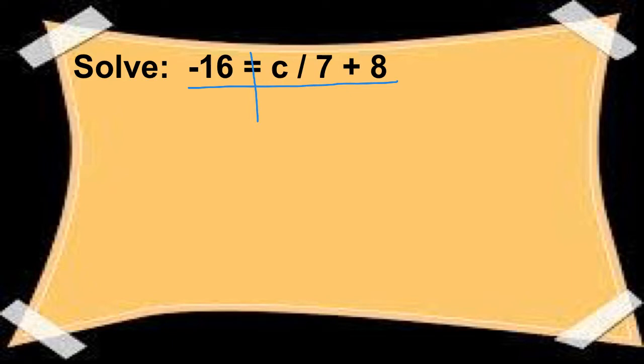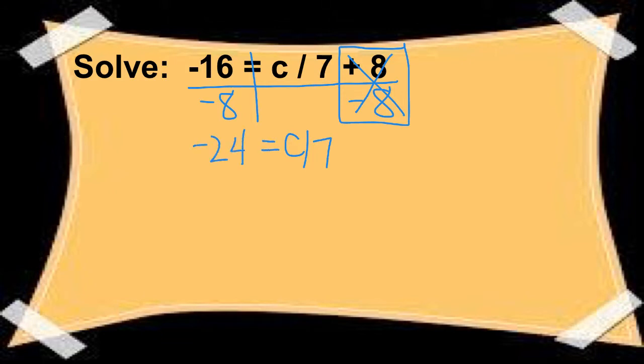All right, so I would get rid of this plus 8 by subtracting 8 from both sides. A positive 8 and a negative 8 creates 0. That leaves c divided by 7 on the right side and negative 24 on the left. That was step 1. I dealt with my constant.